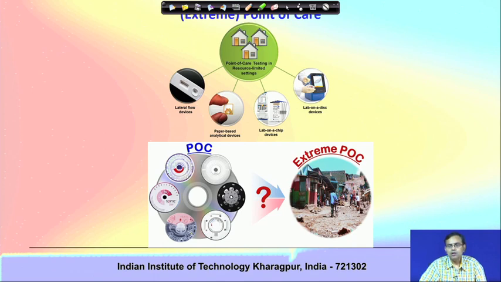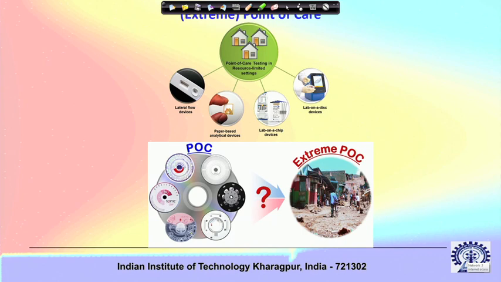We move on to a concept which we call as extreme point of care diagnostics. As I mentioned earlier, in the rural setting a big challenge is that the power supply is not very regular, there is dusty and humid and hot environment, and the storage of chemicals is not so easy, the trained manpower is not available.